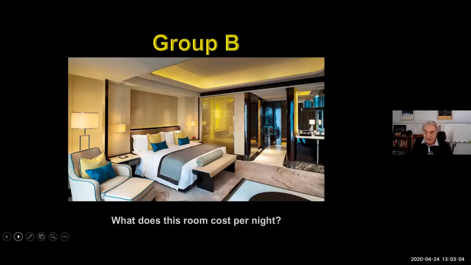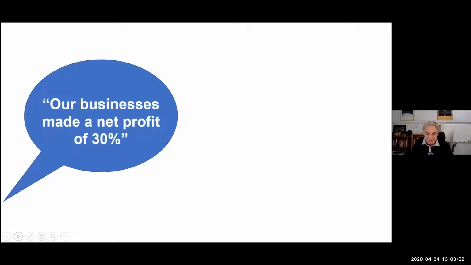We collated all of the different figures, and it's probably no surprise to you, Group A came out with an average cost they thought the room was worth of $2,500 a night. Group B came up with an average cost of $250 a night. A massive difference in what they expected, all impacted on by the fact that I had put an initial figure in their mind that acted as their reference point.